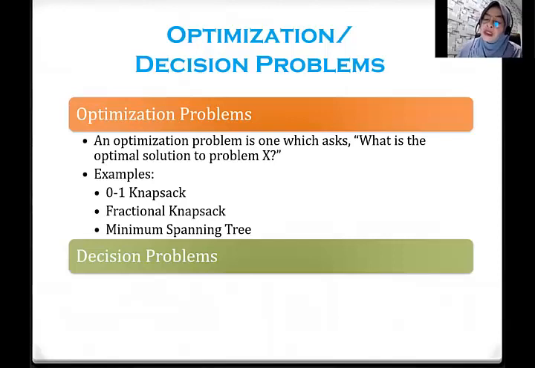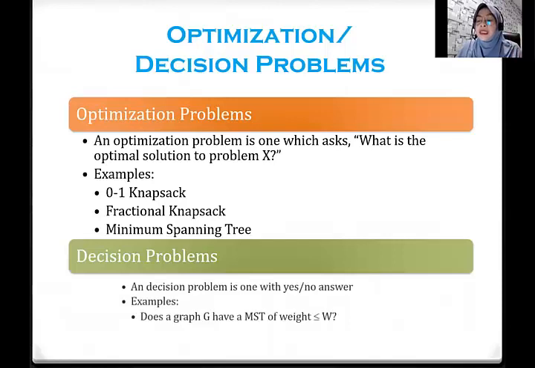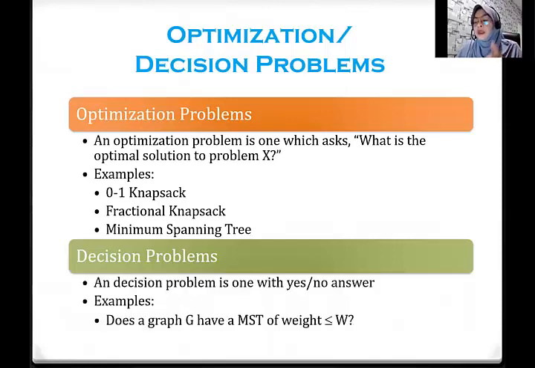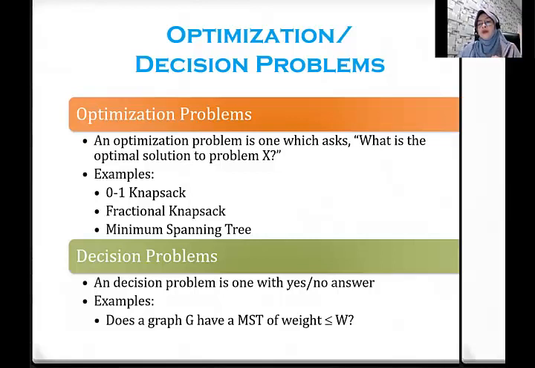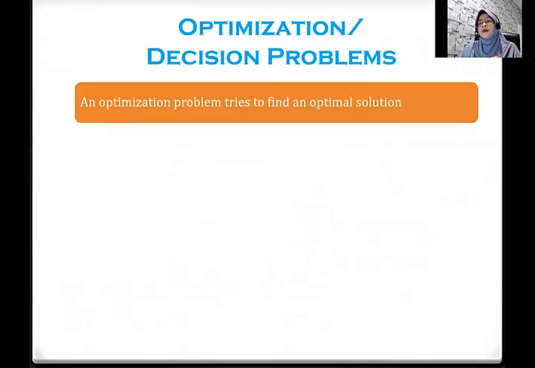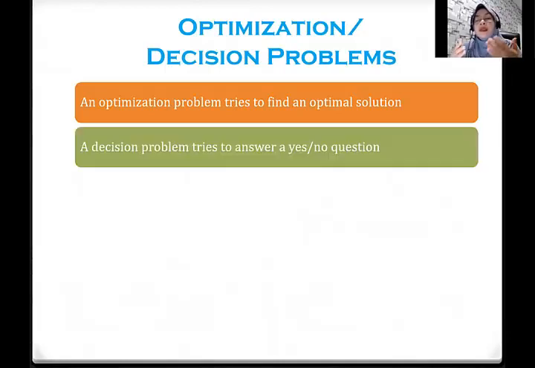A decision problem is one where the answer is yes or no. For example, does a graph G have an MST of weight less than W? So an optimization problem tries to find an optimal solution, while a decision problem tries to find the answer yes or no.